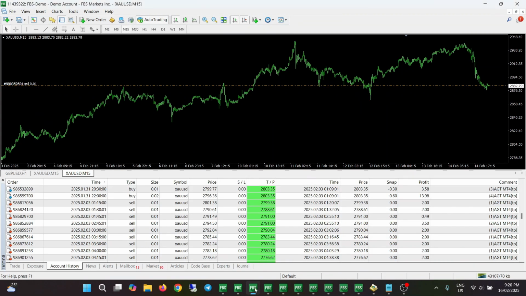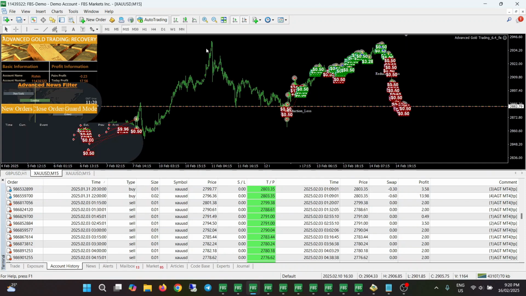Now, AGT, which is not this one, which is this Advanced Gold Trading. Remember, I started this on a $500 account, and the idea was to see if it could survive on a $500 account. The answer to that, based on how gold has traded this year so far, is no. It can't.